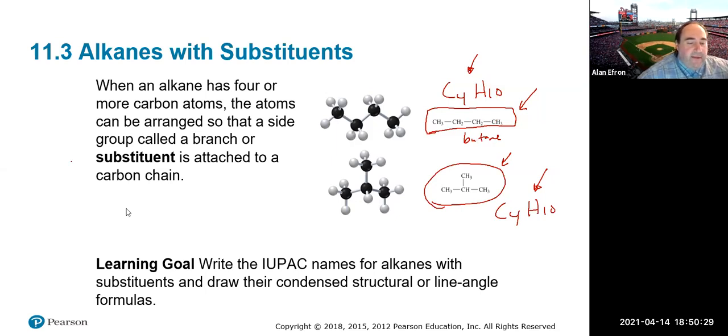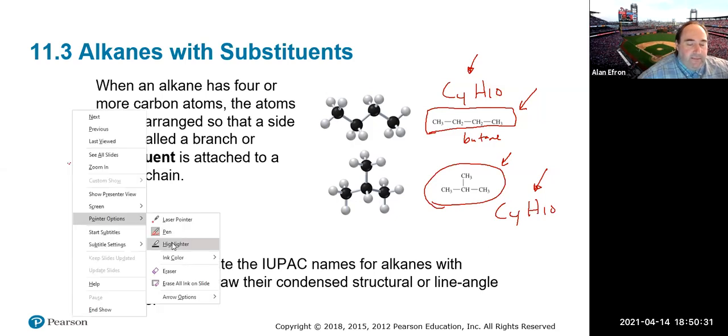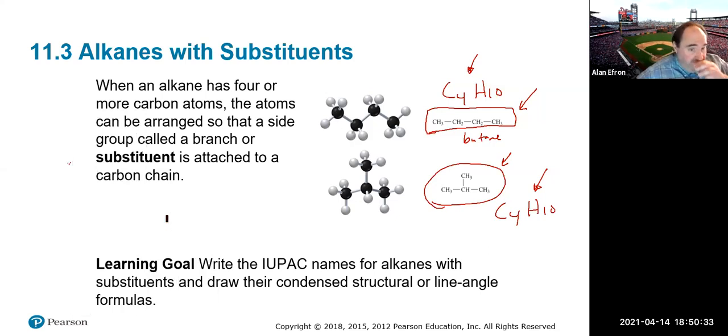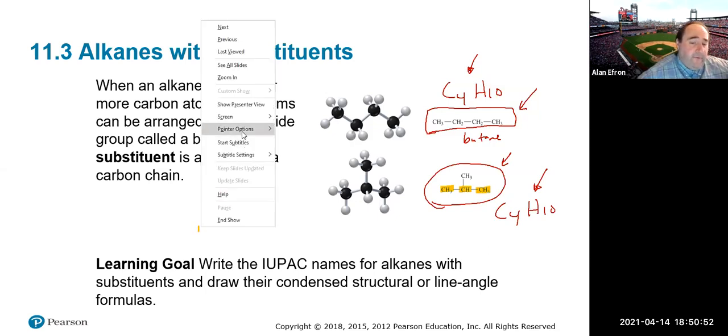When we name things in organic chemistry, as I mentioned before, what we are looking for is the longest continuous carbon chain without going backwards. Okay, so you go one direction until you can't go any further. If I look at this structure, that is 1, 2, 3 carbons in a row, and now I cannot go any further.